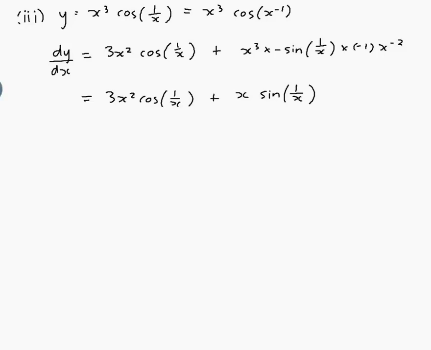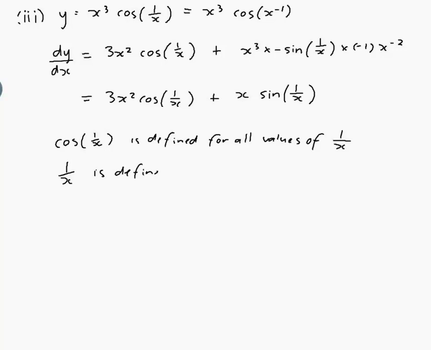Now the question also asks me to find the domain of my original function. So let's see, well, x cubed is always defined. Cos is defined on any real number, so we're really interested in whether 1 on x is defined. So let me just write that down. Cos 1 on x is defined for all values of 1 on x. 1 on x is defined for x not equal to 0.